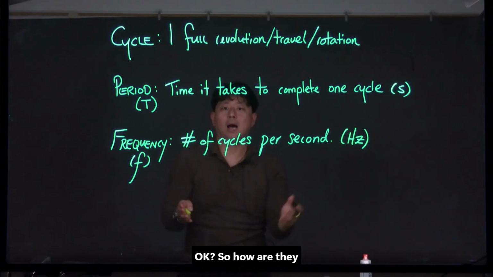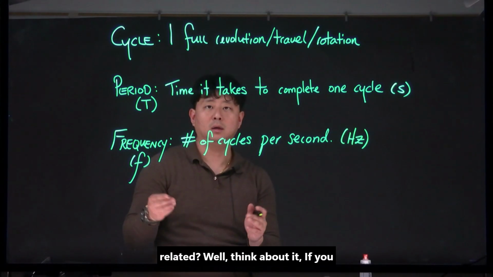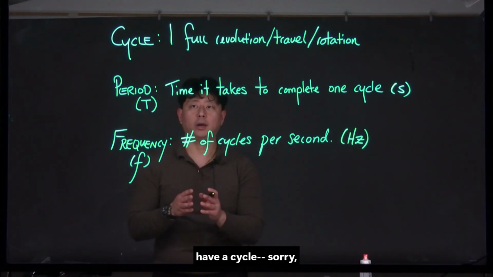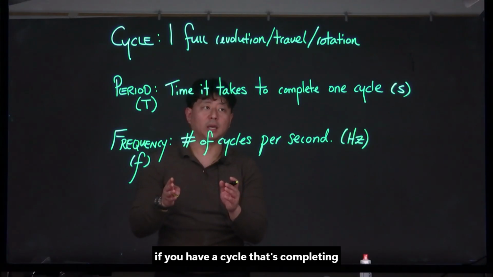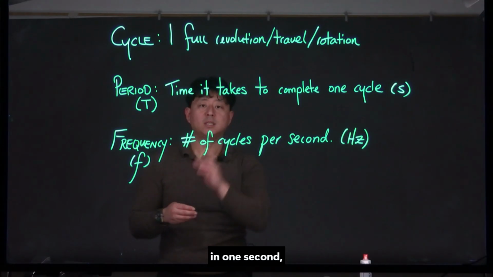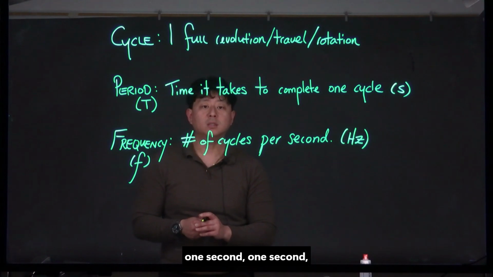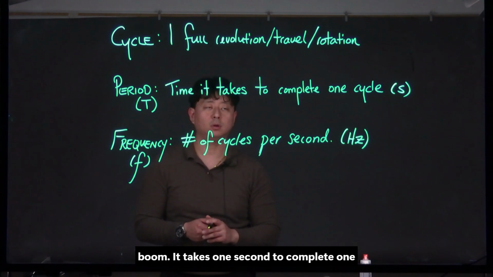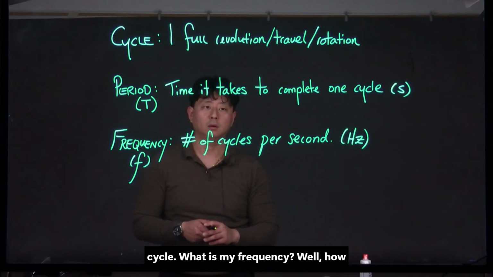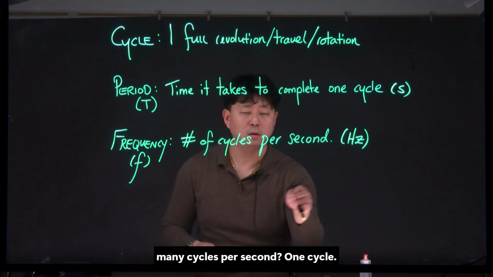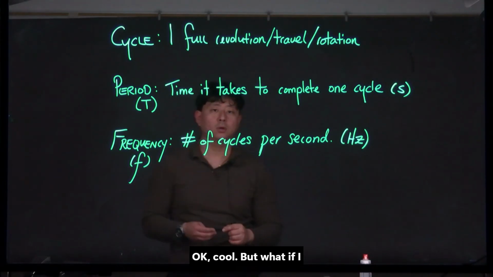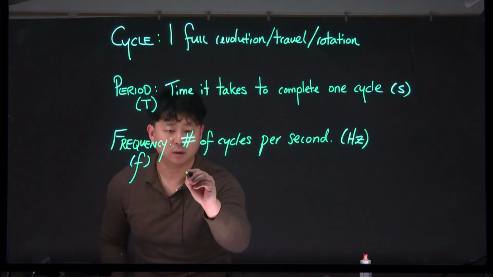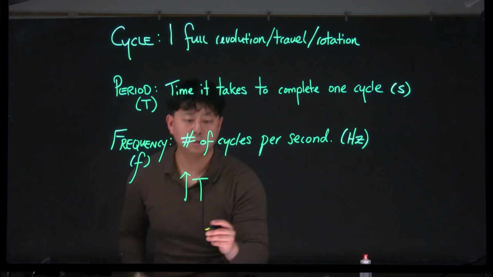Okay, so how are they related? Well, think about it. If you have a cycle that's completing in 1 second, 1 second, 1 second, boom. It takes 1 second to complete one cycle. What is my frequency? Well, how many cycles per second? 1 cycle. Okay, cool. But what if I increase my period? Let's see what happens.